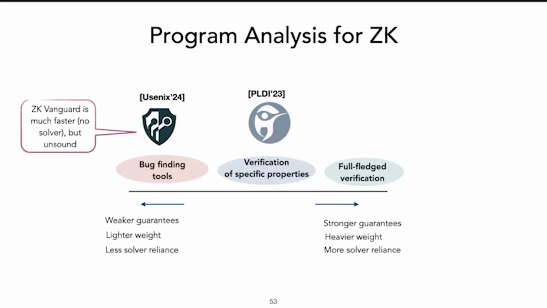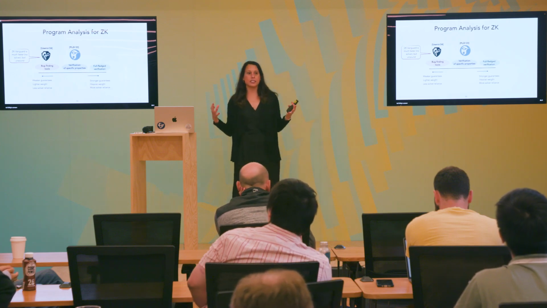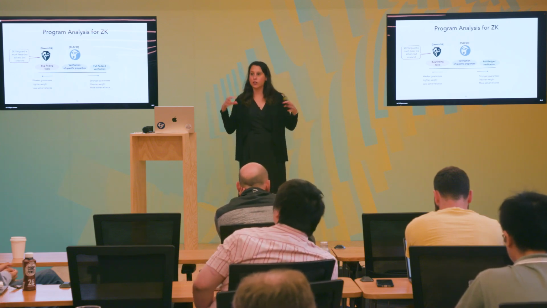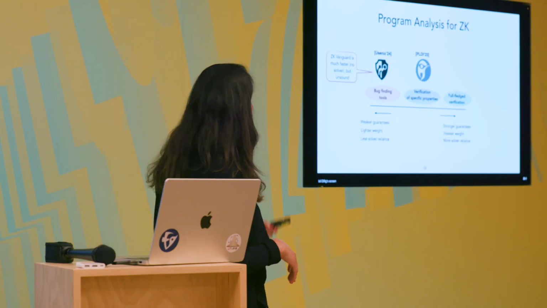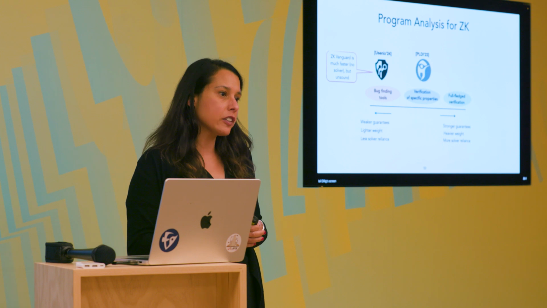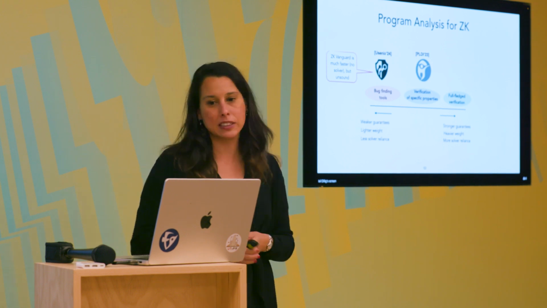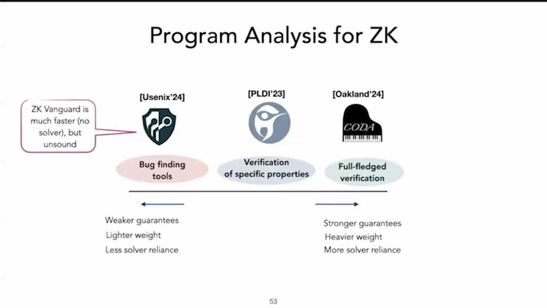For example, in our recent USENIX 24 paper, we described a technique that constructs a graph abstraction of ZK circuits and does analysis at the graph level. That's a much faster technique. It doesn't require any SMT solver support, but it doesn't have any guarantees. It can have false positives, it can have false negatives. We also looked at a technique all the way on the other side of the spectrum.